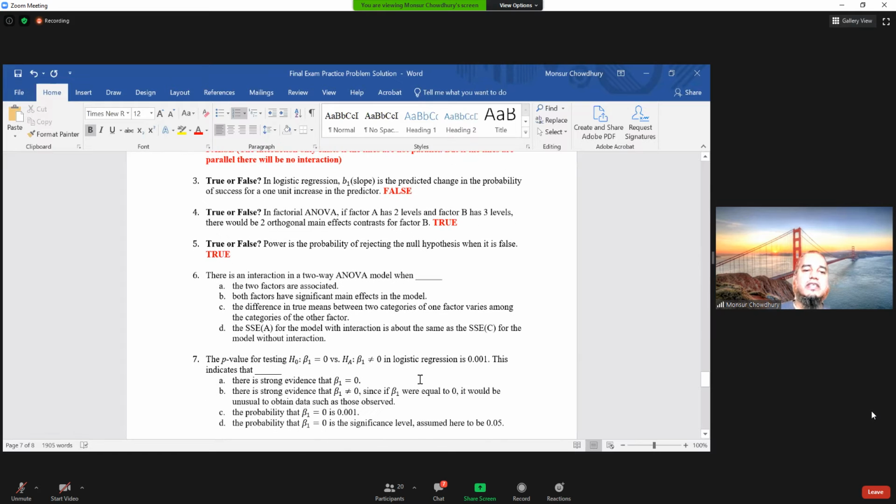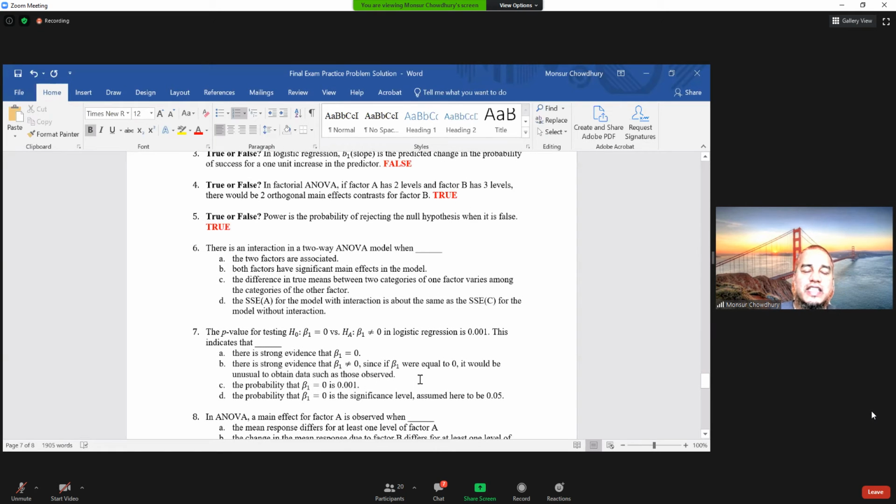Now question 6. There is an interaction in a two-way ANOVA model when the two factors are associated; or when both factors have significant main effects in the model; or when the difference in the two means between the two categories of one factor varies among the categories of the other factor; or when the sum of squares of the error for the augmented model with interaction is the same as the sum of squares of the error for the compact model without interaction.